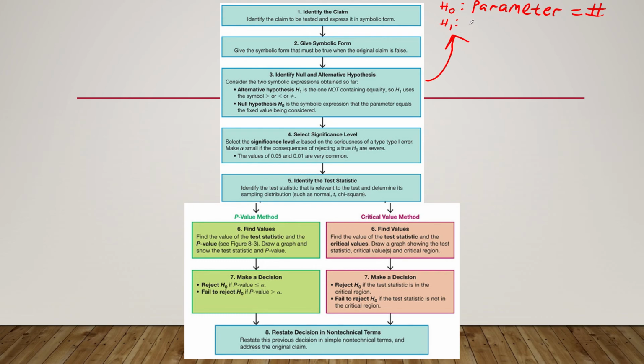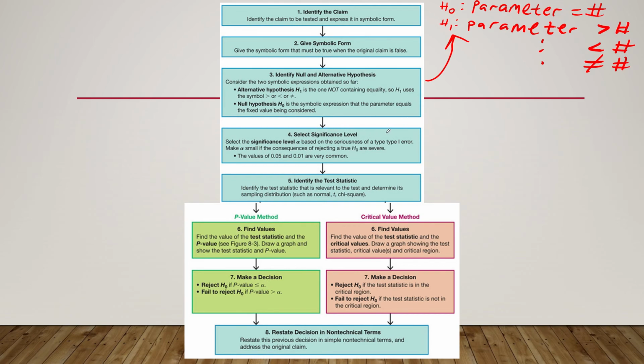For the alternative, we would have that the parameter is greater than some number, less than some number, or not equal to some number, based upon the way that we're actually writing it.